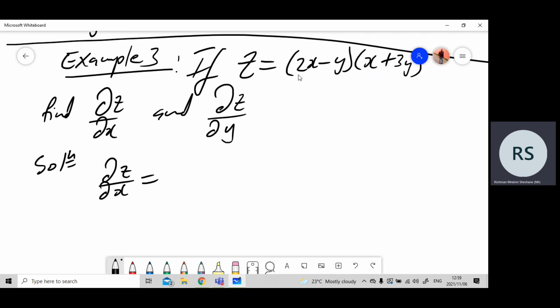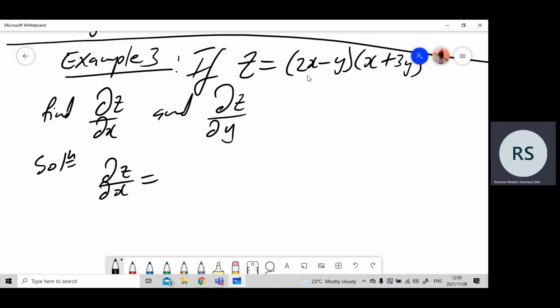So the product rule says we derive the first function while we leave the second function, plus we leave the first function and multiply by the derivative of the second function. Yeah? So let's follow the product rule because we're deriving the product of two functions. But it's a partial derivative. So let's derive the first function with respect to x, applying the product rule.